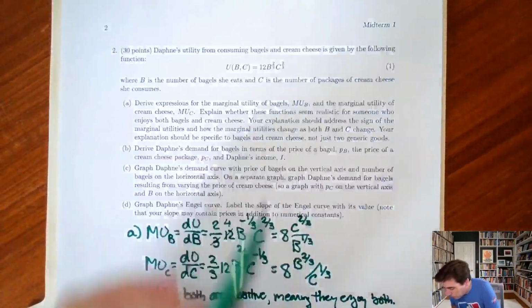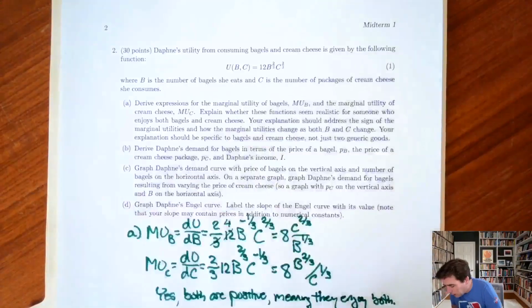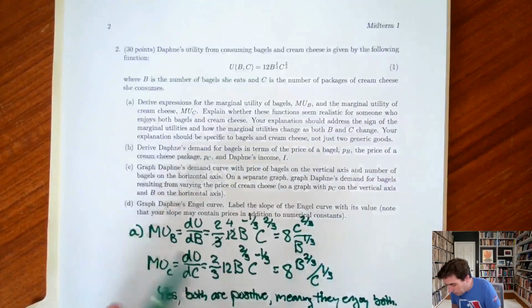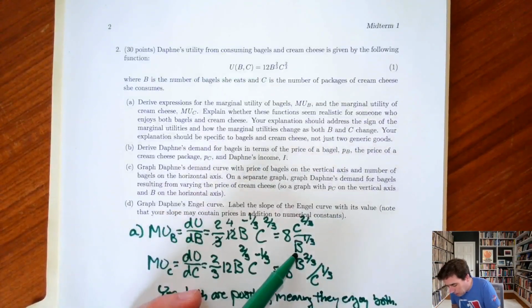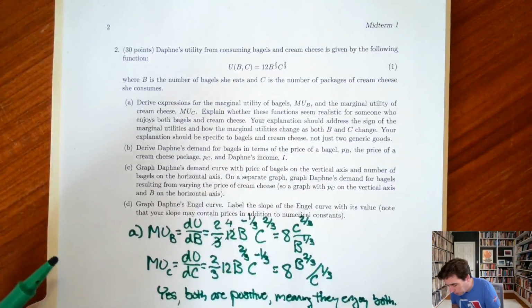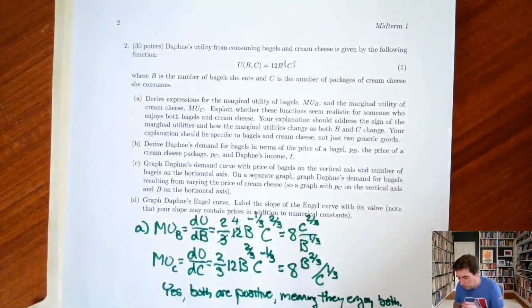All right. So that addresses the sign, but now also how they change as B and C change. Notice that for marginal utility of bagels, as I eat more bagels, B's in the denominator here, MUB is getting smaller, right? So we've got diminishing marginal utility of bagels. For C, it's the same thing, diminishing marginal utility of cream cheese.